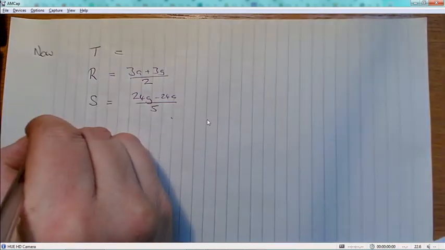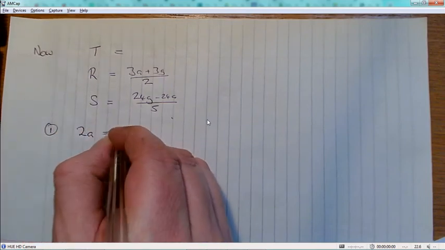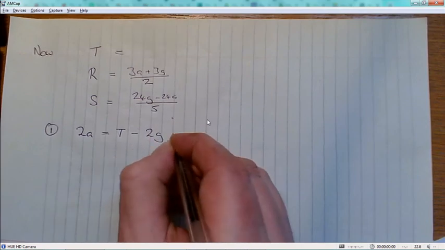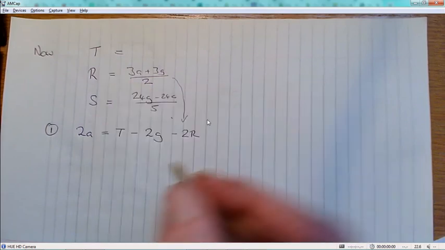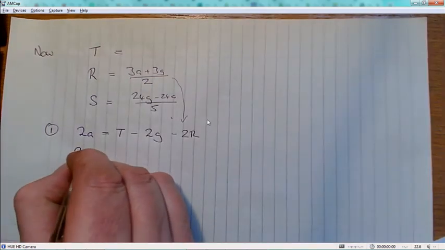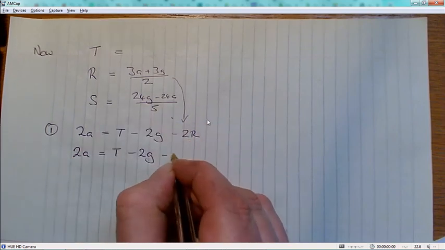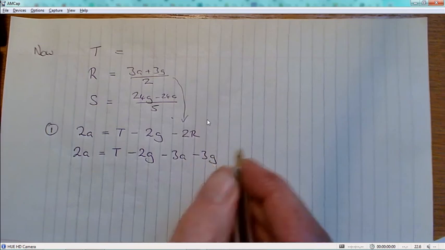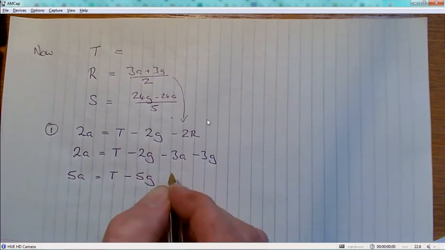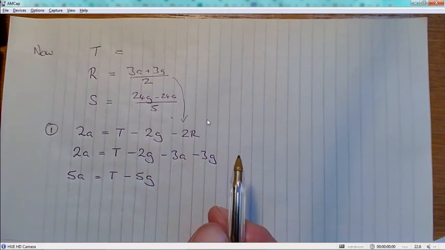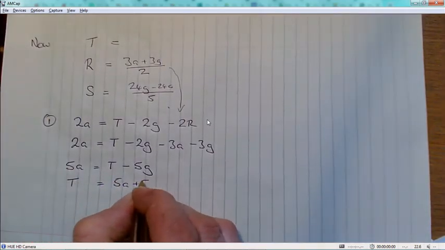If we have a look at equation 1, 2A is equal to T minus 2G minus 2R. I just said 2R was this, so 2A is equal to T minus 2G minus 3A minus 3G. That makes 5A is equal to T minus 5G. So that's the first bit done. So tension is equal to 5A plus 5G.